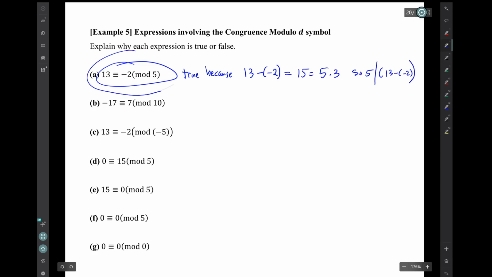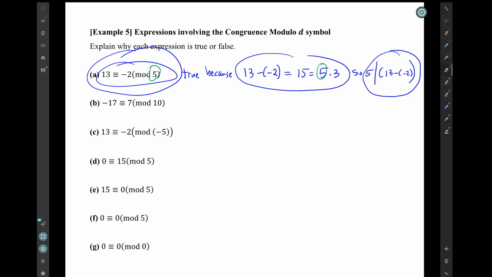This expression means that 5 divides 13 minus negative 2. But that means, and we can see that that's true because we can write this equation. There's our green 5. So we can say that 13 minus negative 2 equals 5 times some integer.